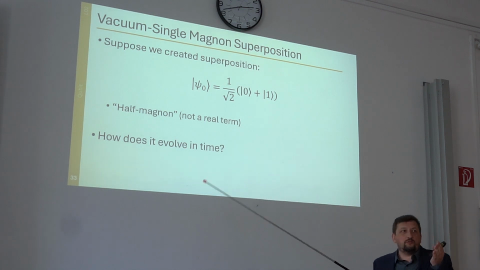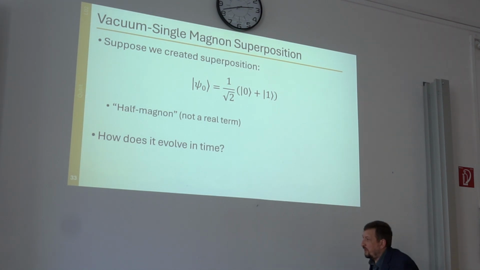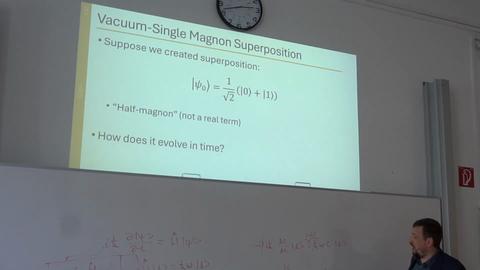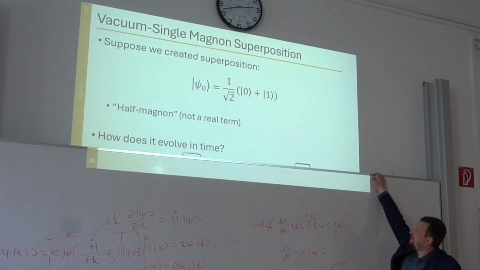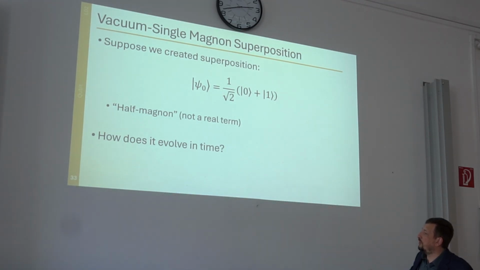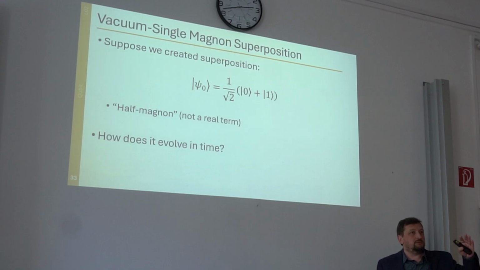Well, quantum physics is linear, so we know that if we have a state with a particular energy, it changes with time like this, where omega is the corresponding energy divided by h bar. So the phase of this term will change exactly in the same way as in the previous example.